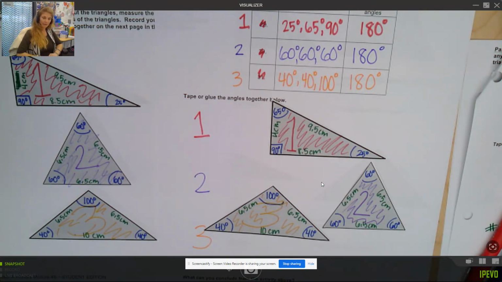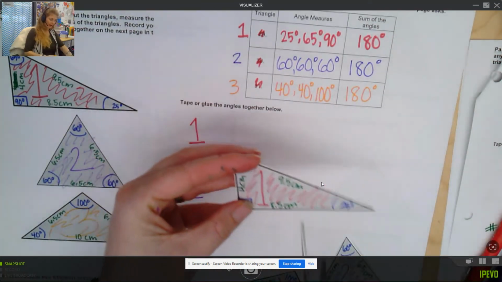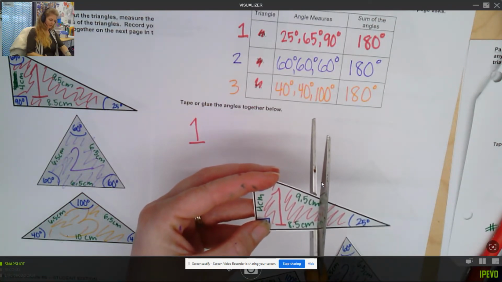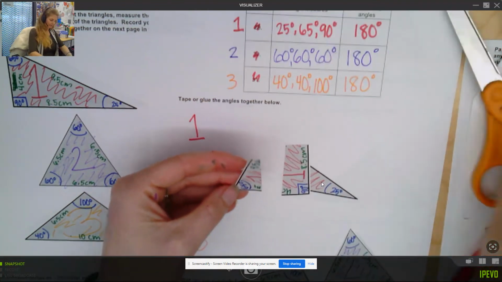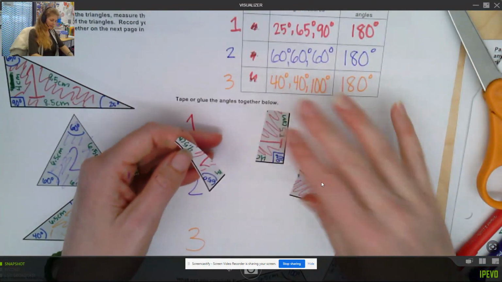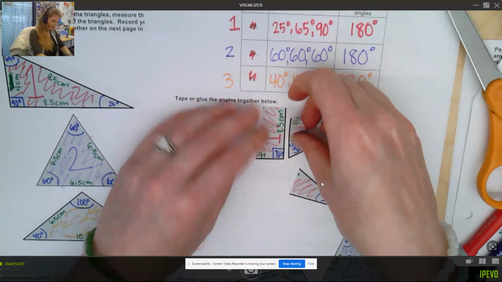Okay, now that we have our 3 triangles, we are going to cut off the angles of them. So I'm going to cut off this one, triangle 1. And now I want to try and make 180 degrees by adding these together.